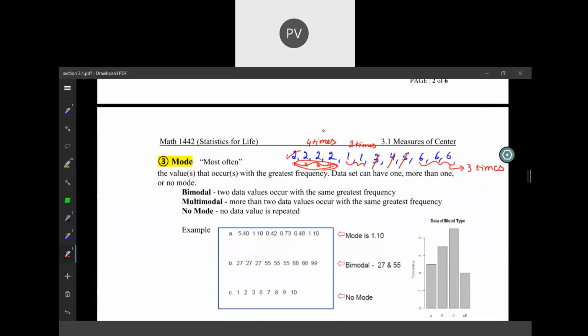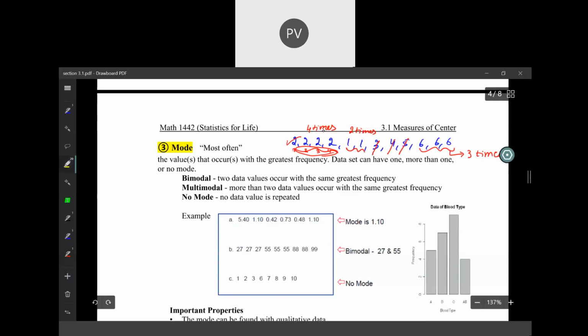In mode we have 3 types. Bimodal, which means if you have two data values occurring the same number of times, then we call it bimodal. Multimodal, if you have more than two data values occurring the same number of times, we call it multimodal.